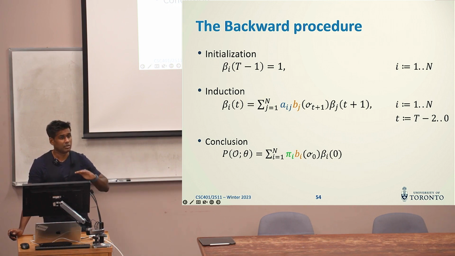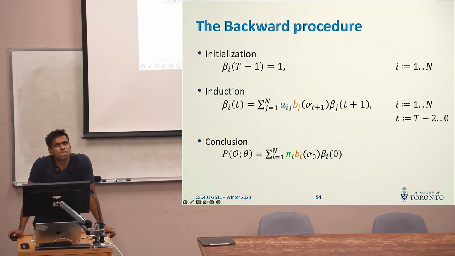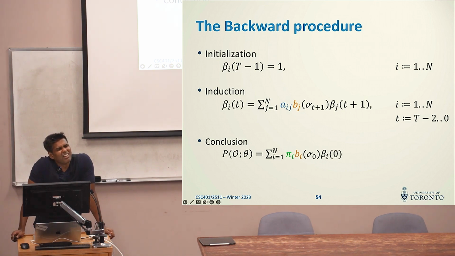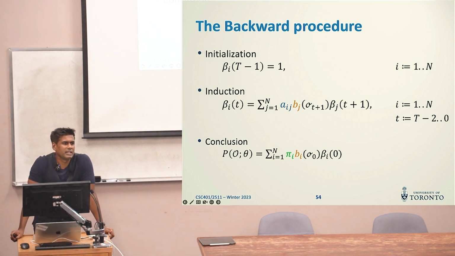So don't think of 1 as a probabilistic interpretation, it's just a convenience. But if we set it, for example, to 3, won't it affect our conclusion? Won't the probability of the observation be multiplied by 3? If you set beta_i as 3 at the initialization step, that will propagate. Of course it will. But why would you pick it as 3?